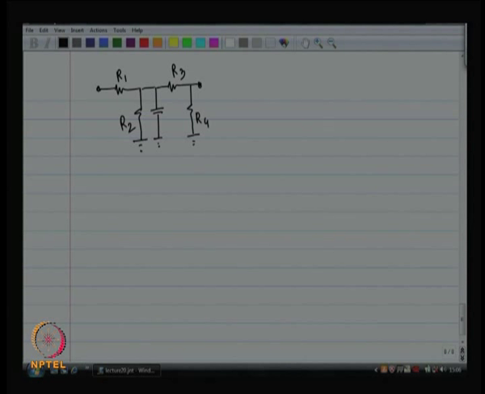What are you going to do? You are going to first find out what is the contribution of R1. First of all, input is 0.